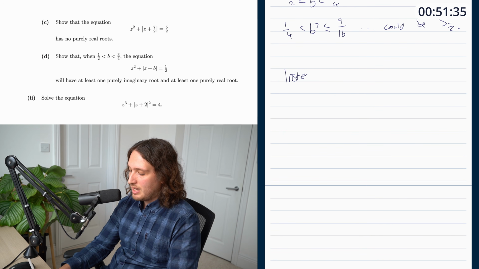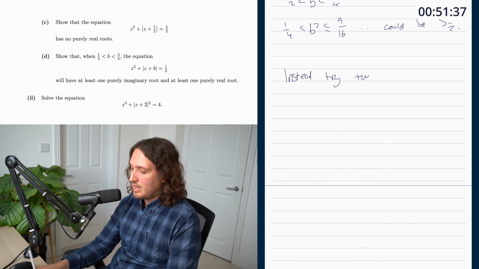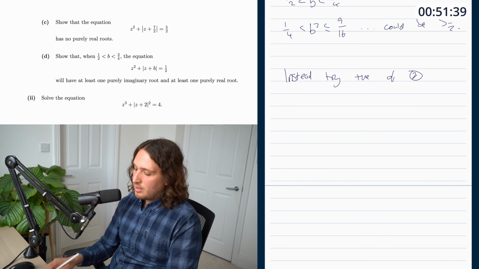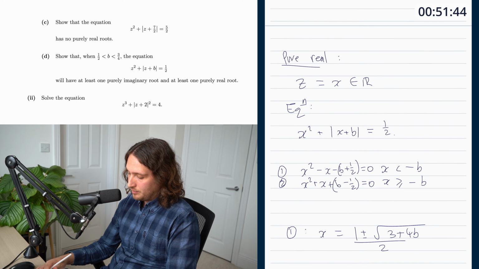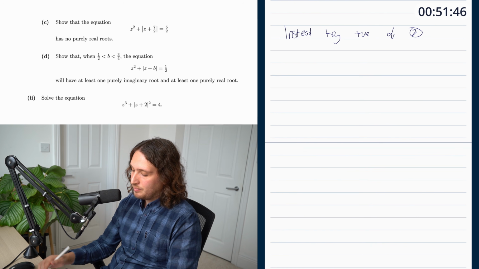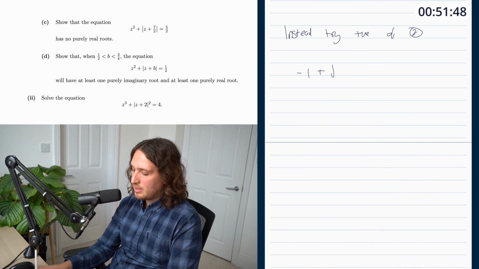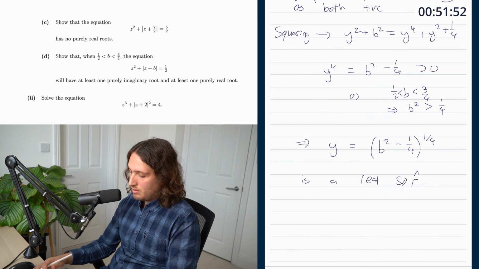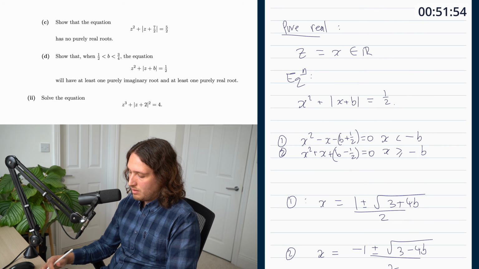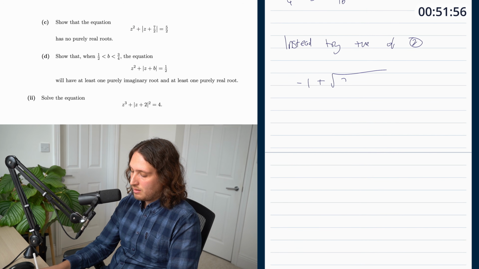So that's slightly annoying. Instead, try the positive of case 2. So what was the positive of case 2? It was minus 1 plus square root of 3 minus 4b, over 2.